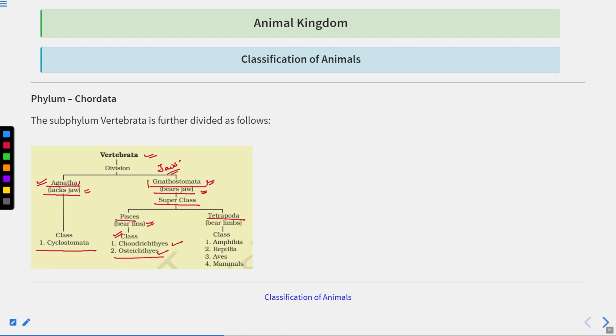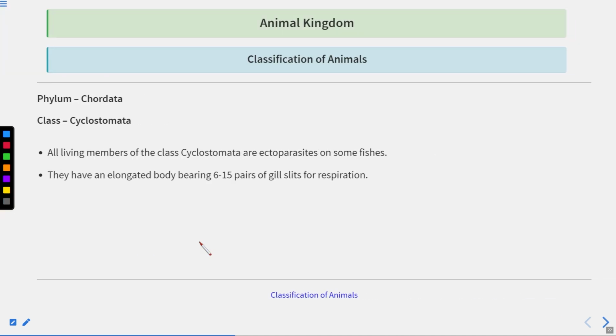Chondrichthyes means they have cartilaginous skeletons. Osteichthyes are bony fishes. Tetrapoda bear limbs. The classes are Amphibia, Reptilia, Aves and Mammalia. These are the different classes that bear limbs.